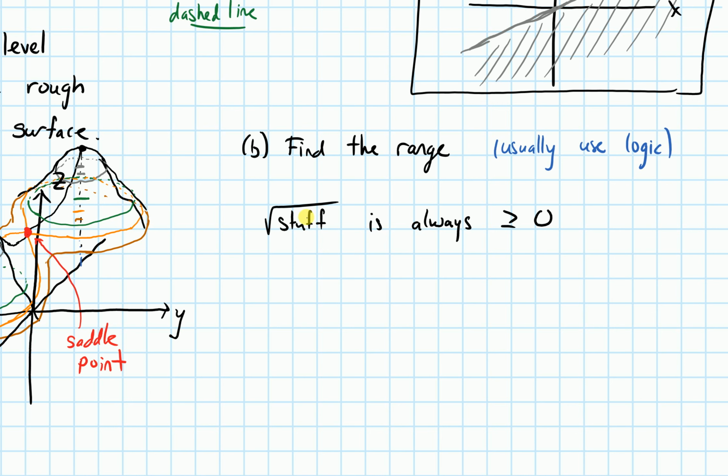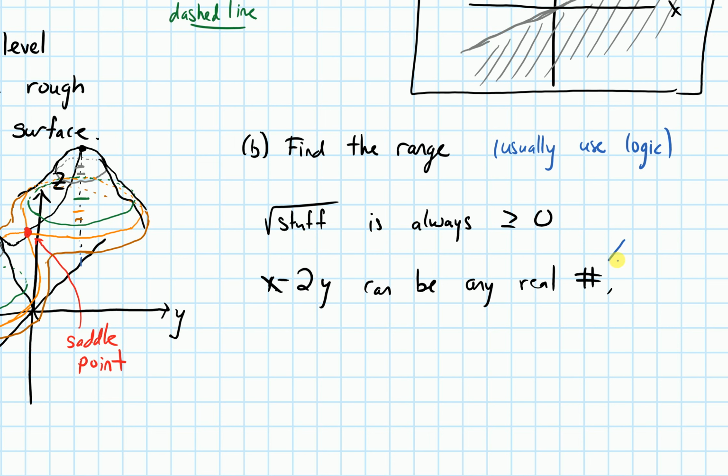Now let's think about what the stuff inside could be. Well, x minus 2y can be any real number. For example, I could just let y be 0 and let x be anything.